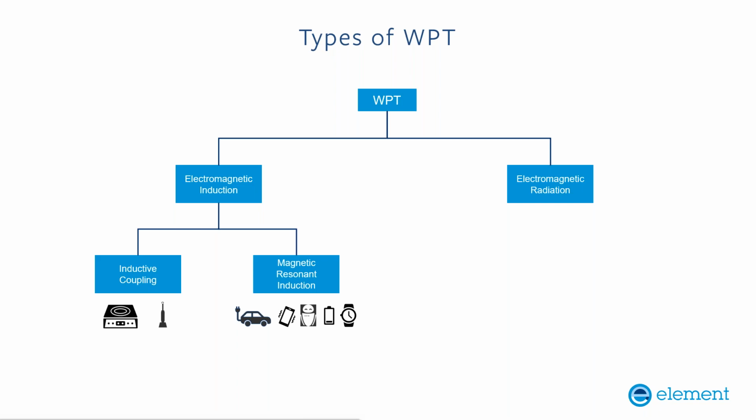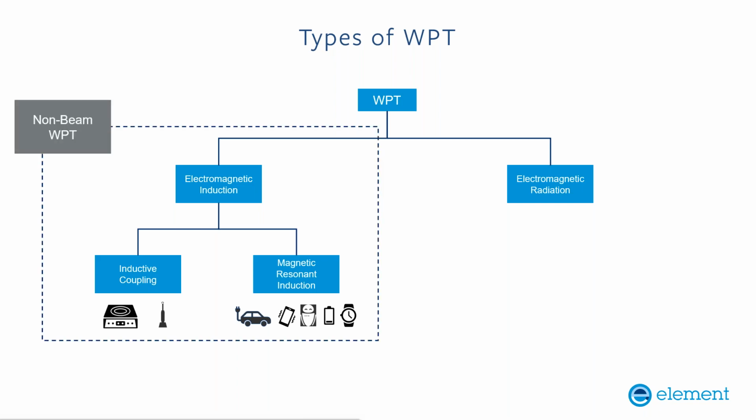We generically call all of these types of WPT non-beam. That's not to say that they are not directional, but because they are all relatively low frequency, antennas typically tend to be more omnidirectional at below 30 megahertz.